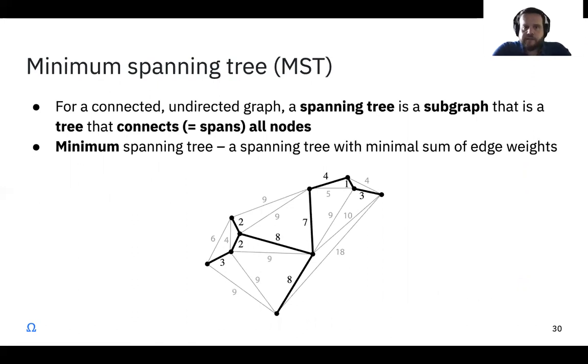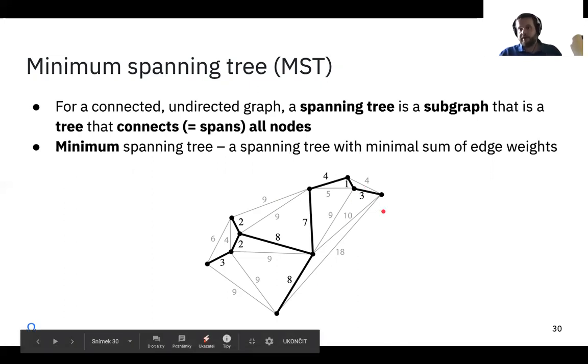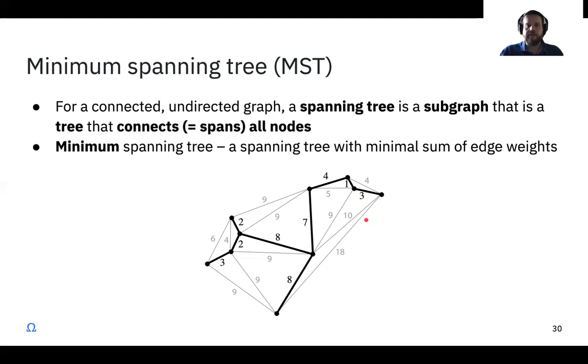If we have a connected undirected graph, a spanning tree is a subgraph that is a tree that connects or spans all nodes. And a minimum spanning tree is a spanning tree with minimal sum of edge weights. Intuitively, you can consider this a skeleton of the graph, if you will.